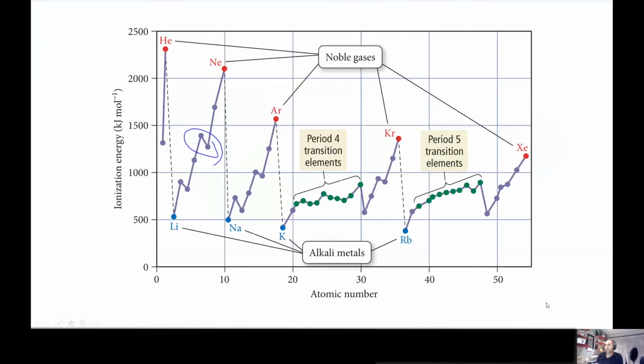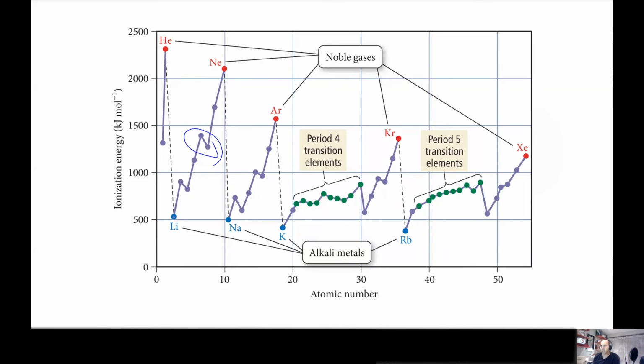All right, so the general trend in ionization energy, again, follows the same overall pattern as the one we see in atomic radius. As we go down a group, say from helium to neon, argon, and so on, the atom gets bigger, and so the valence electrons are further away from the nucleus, and so they are easier to remove.